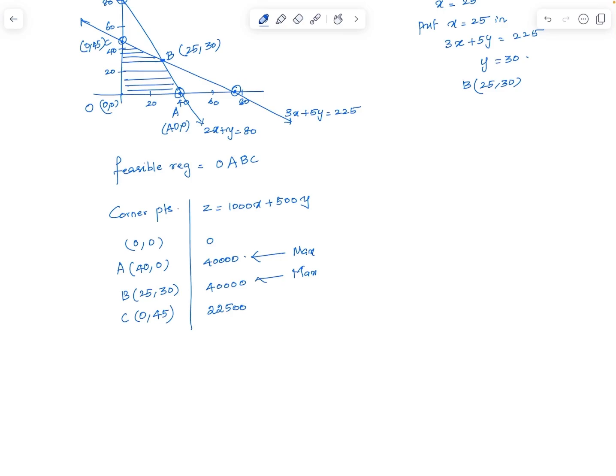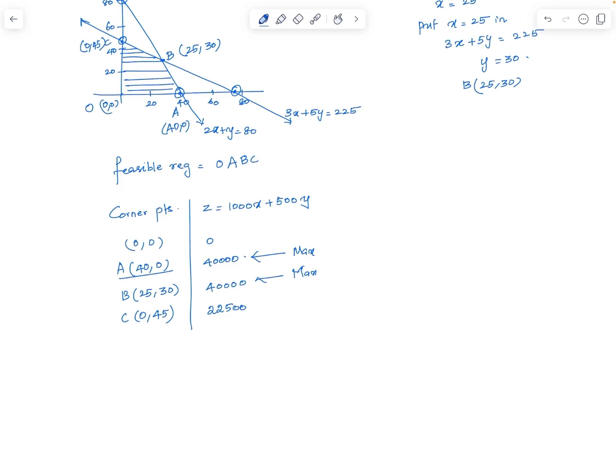If we consider 40, 0, it means that the number of Model X bikes is 40 and the number of Model Y bikes is 0, but the manufacturer is producing both bikes, so we can't consider the maximum 40,000 at 40, 0.